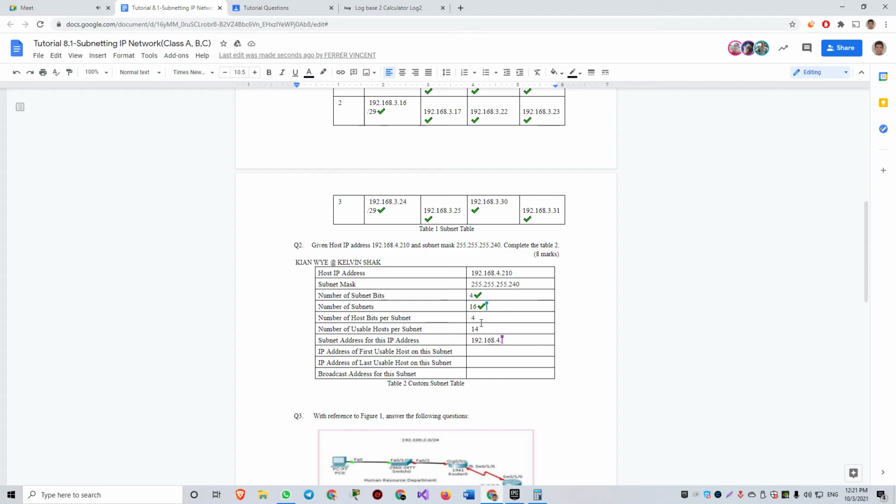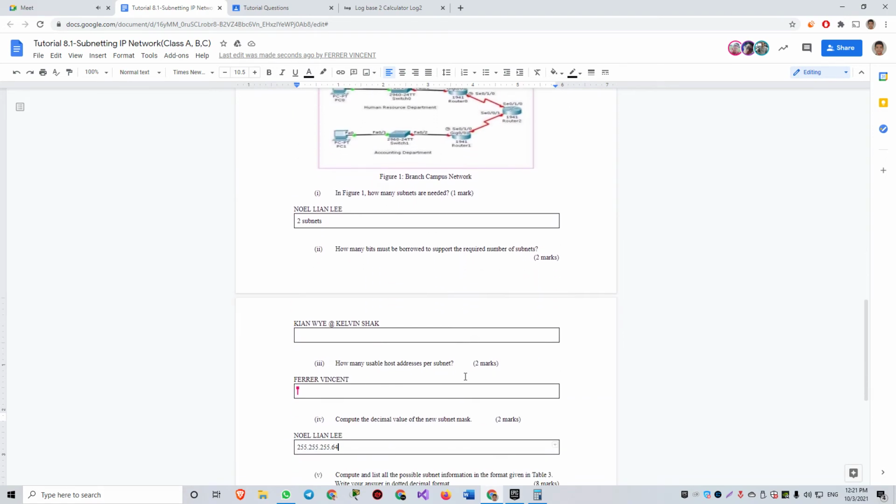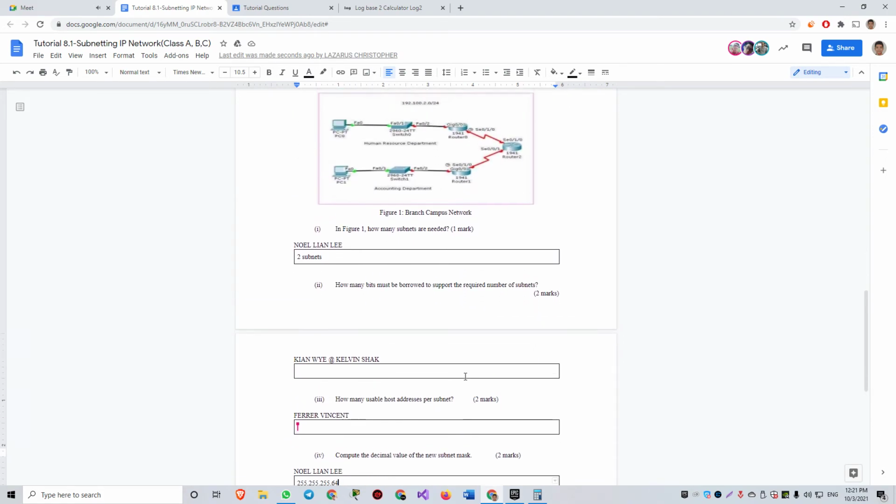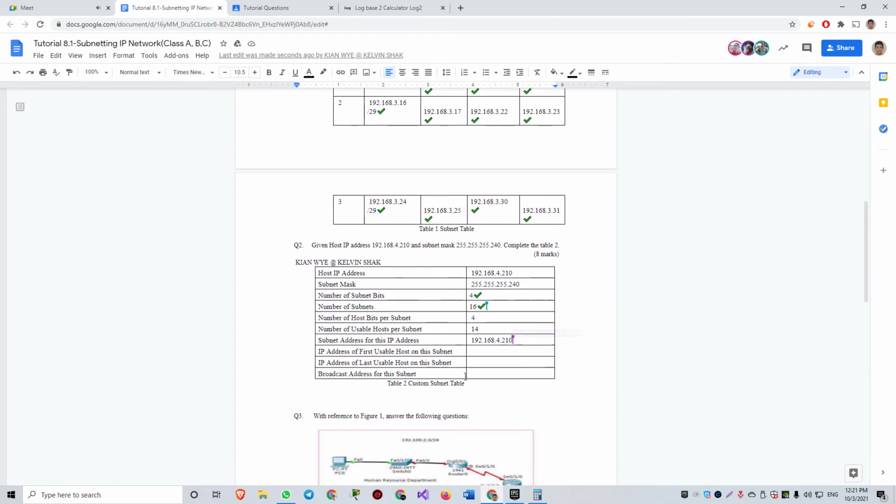So for the number of host bits per subnet, it is 4, because 4 bits are taken by the network and 4 bits remain for the host.